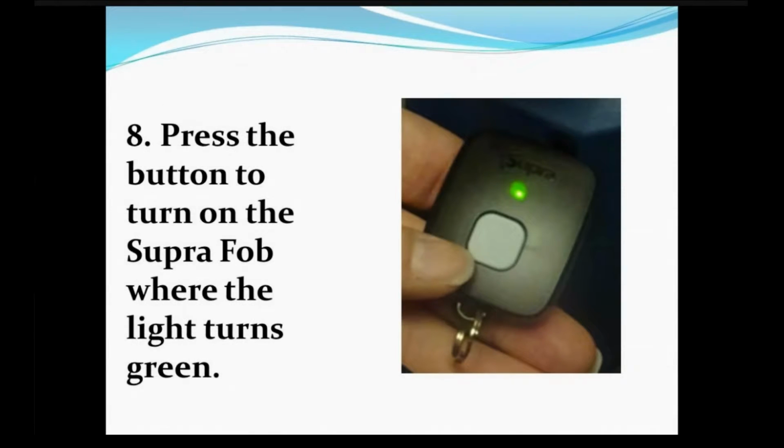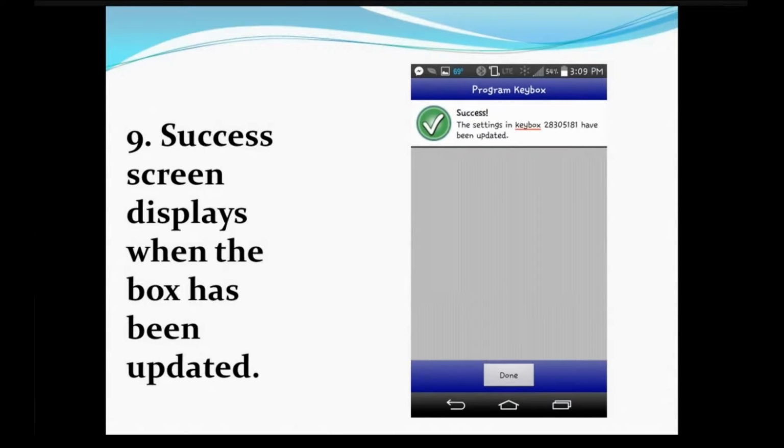There again, you're going to push the button on the fob so it's faced directly at that key box. Once it has gone through, you're going to get a success screen saying now that key box and the number has now been updated. So basically what I can do is I can go through for all my boxes and put in the same shackle code, so I only have to remember one number.